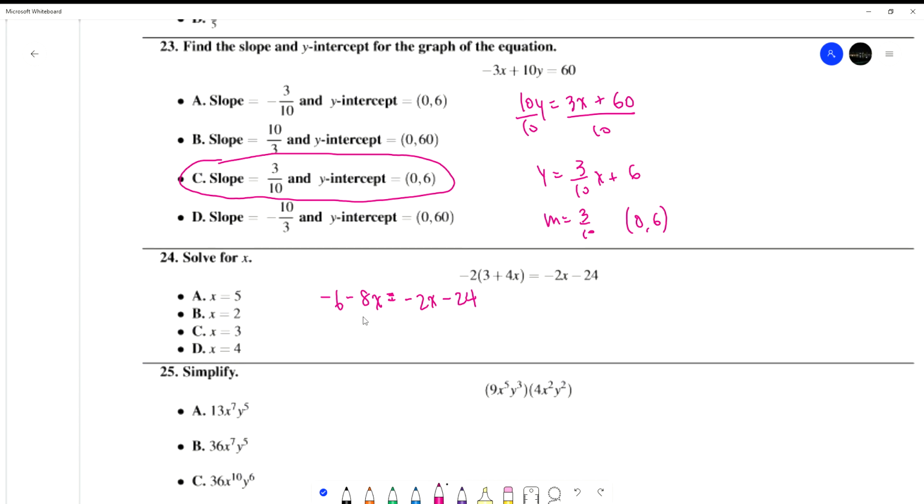So negative 8x, we're adding 2x, is equal to negative 24, and we're adding 6. So this is negative 6x is equal to negative 18. Then divide by negative 6, so x is equal to positive 3. So that is C.